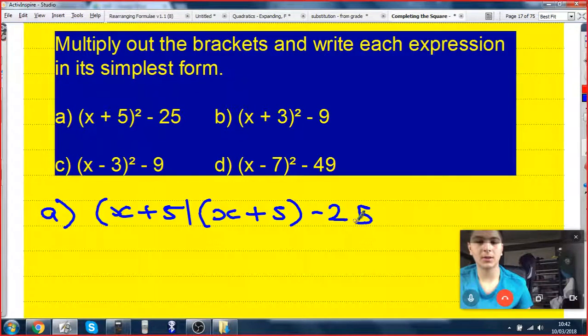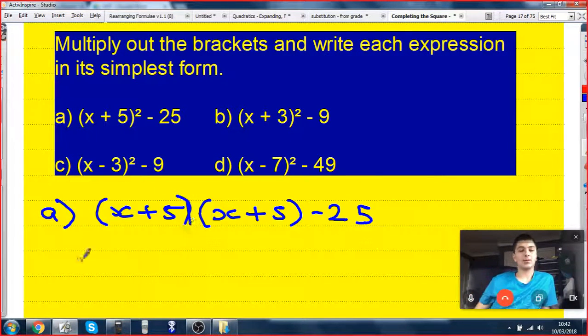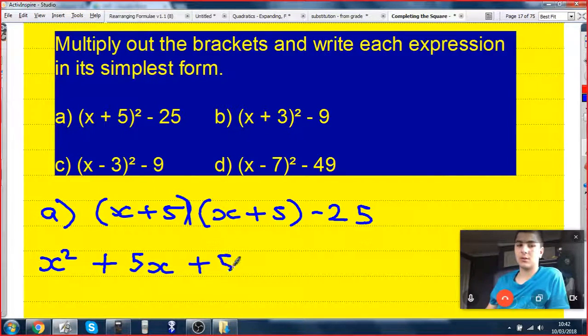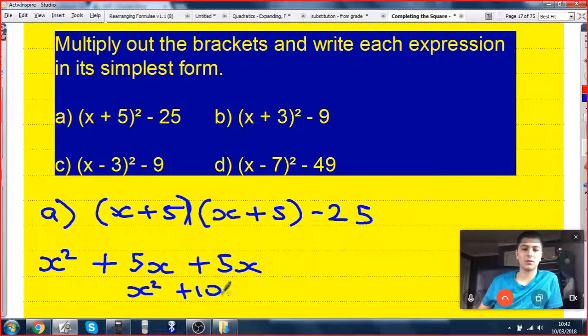And then x squared, plus 5x, plus 5x. And then I think that's all you need to write, really. Yeah, you're right. And so that simplifies to? X squared plus 10x. That's it. So, why do we have no constant there? Because when you add 25 and minus 25, that would give you 0, and you don't need to add the 0.